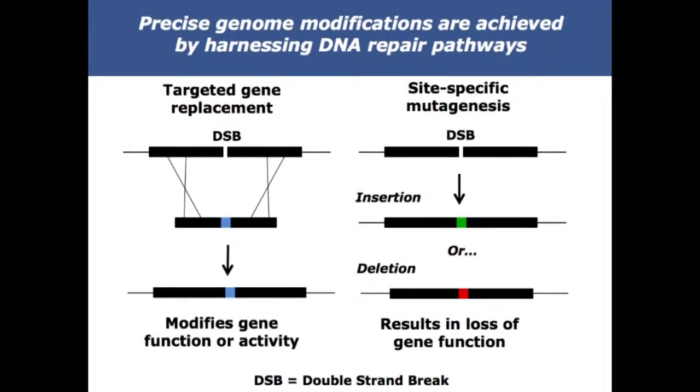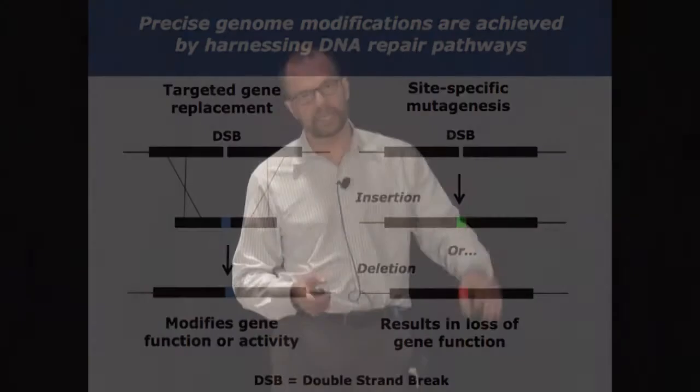So the way we go about engineering genomes involves harnessing DNA repair pathways, specifically double-strand break repair pathways. This slide illustrates a gene target that we're interested in modifying, and we engineer molecules that will go in, recognize that gene specifically in the genome, and introduce a targeted double-strand break.